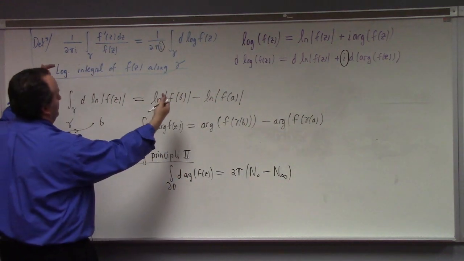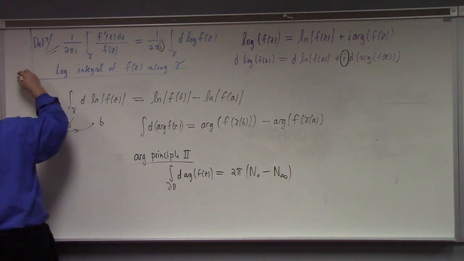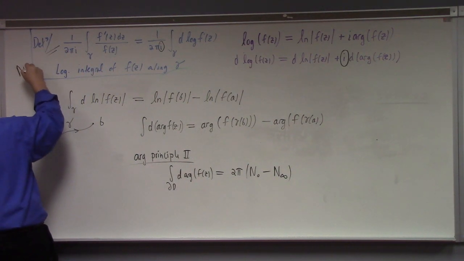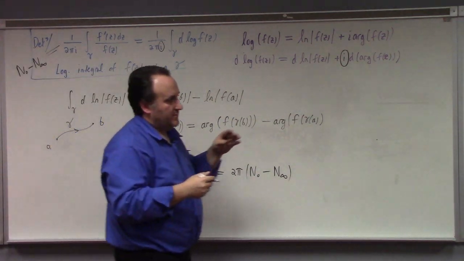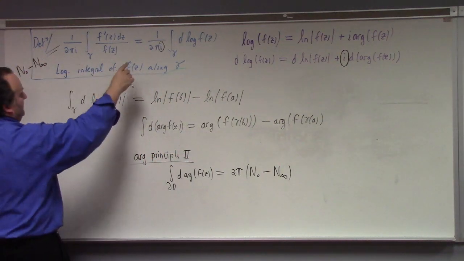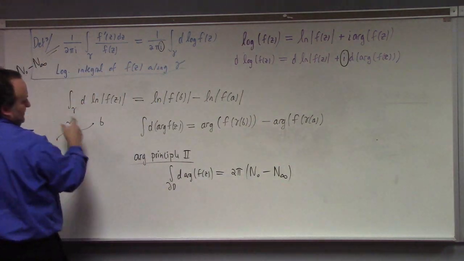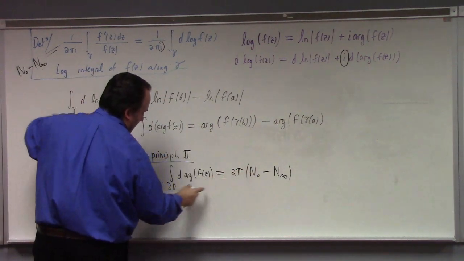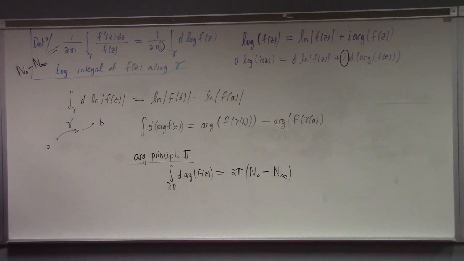And then we multiply, so all of this is equal to the number of zeros minus the number of poles. That's argument principle 1. So since this i and that i cancel, you just get 2 pi times the number of zeros minus the number of poles is the integral of the differential of the argument of f of z.